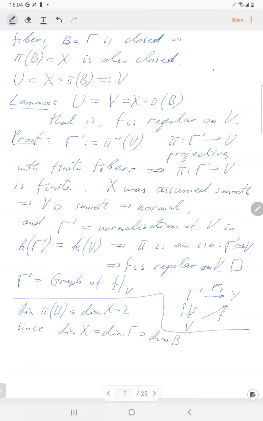Yeah, because it's irreducible and it's a strictly smaller closed subvariety, and this is bigger than the dimension of pi of B plus 1, right? Because the fibers were at least one dimensional. So the image has dimension at least one less. So we are done. Okay.